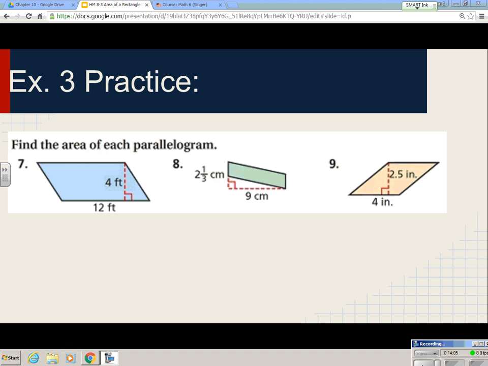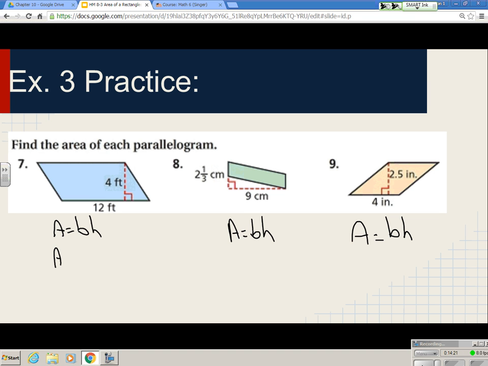And again, it's your turn. So remember, the first step for all these is you write the formula, A equals BH. A equals base times height. The second step is A equals, and now you replace the letters with the numbers.